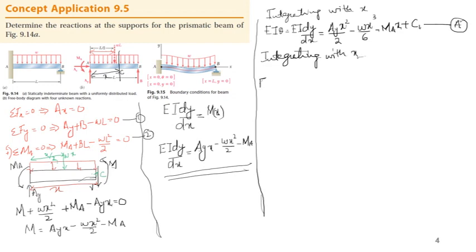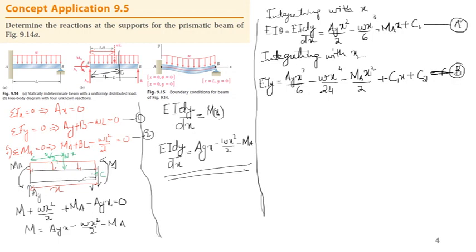So this will become EI y. Now this equation will become AY x cube by 6 minus W x⁴ by 24 minus MA x square by 2 plus C1 x plus C2, and this will be my equation number B.